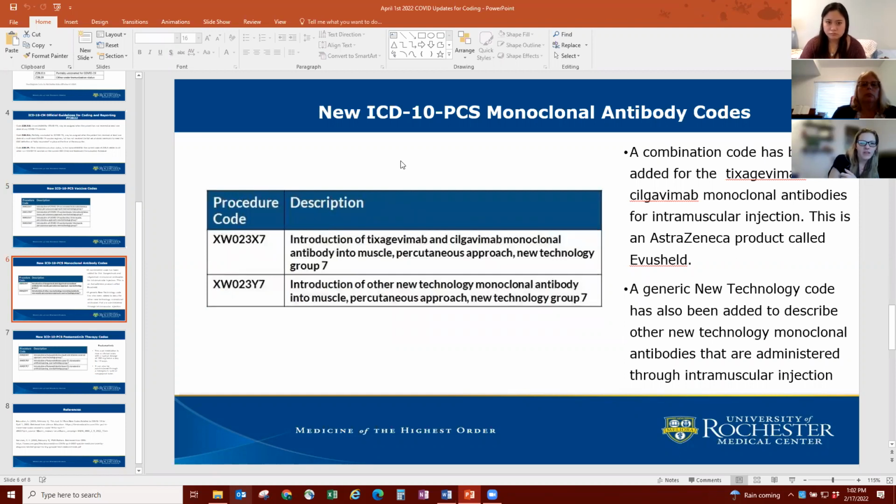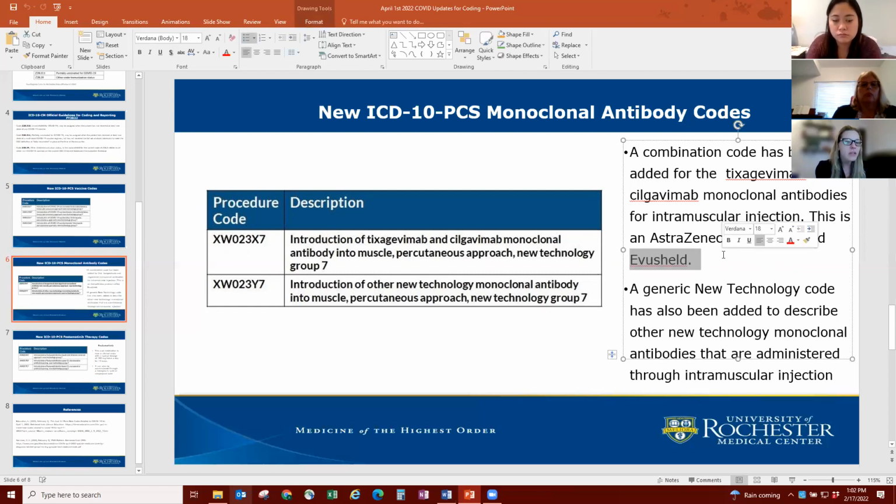And this next slide is for the introduction, and I'm not even going to attempt to say any of the COVID-19 medications because I'm horrible at it. But this is a combination of these two drugs for monoclonal antibodies. It's by AstraZeneca and it's called Evusheld.